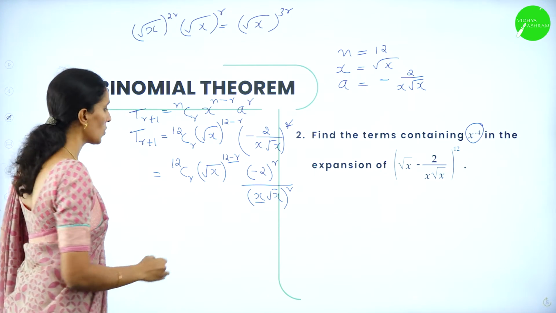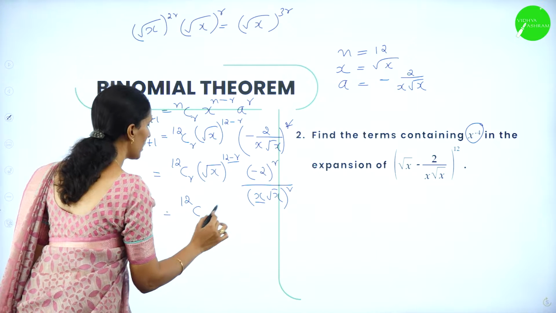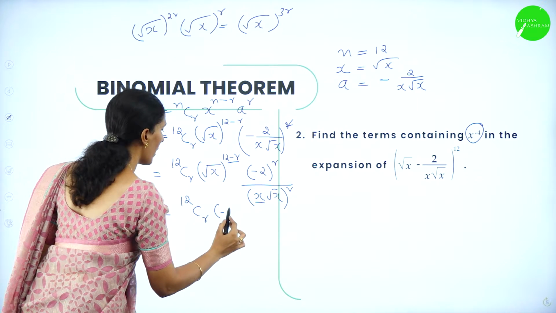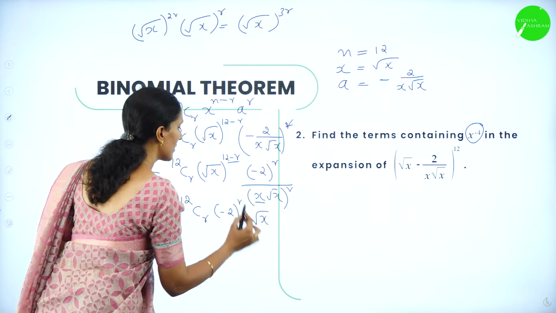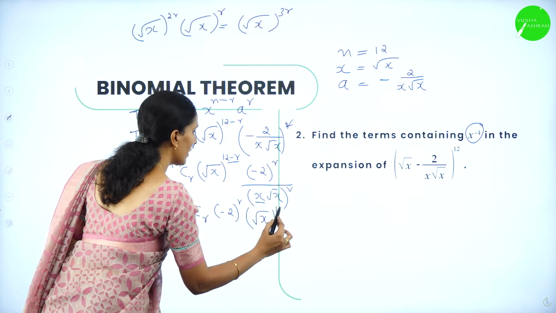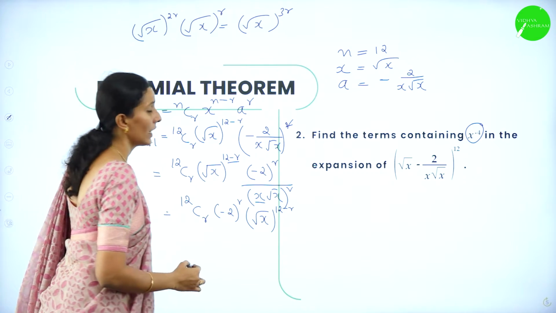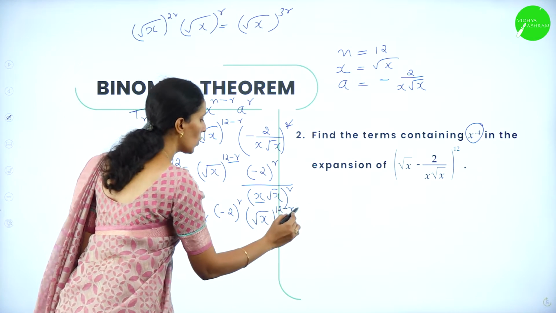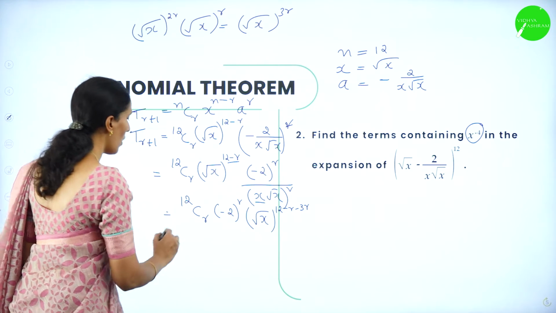When it goes to the numerator, just write the numerical coefficient separately, minus 2 whole power r. Here you have already root x to the power 12 minus r. Along with this, the value is root x power 3r. When it goes to the numerator, this will become minus 3r. So what happens now?